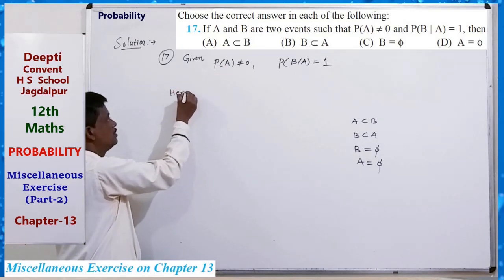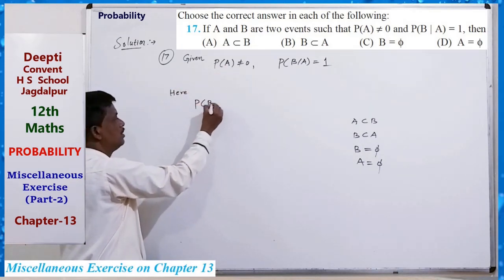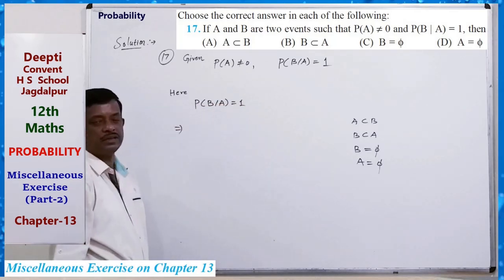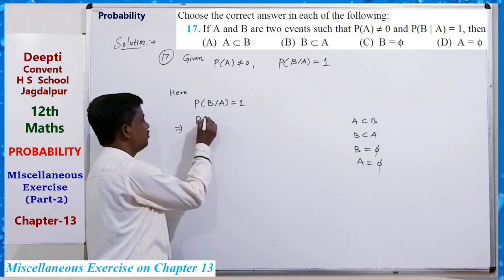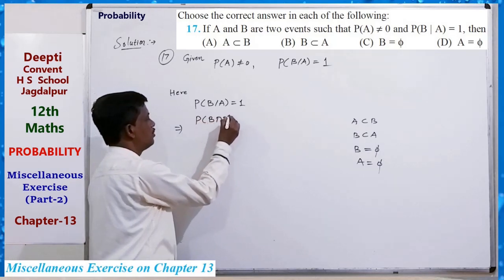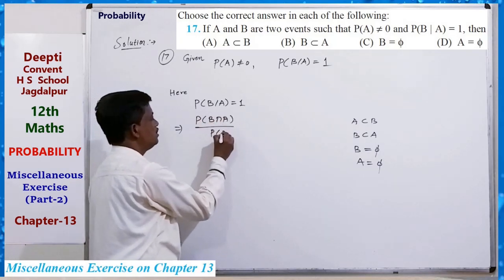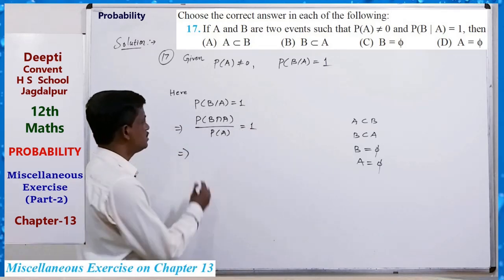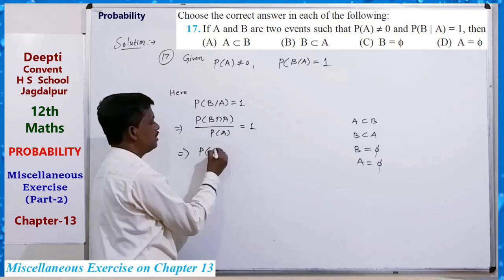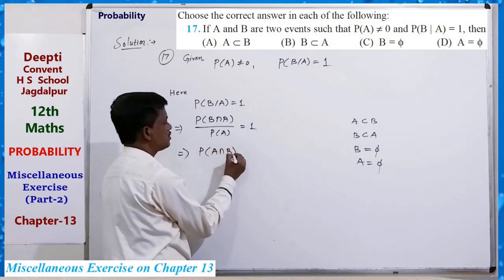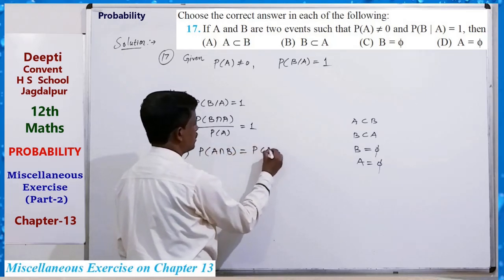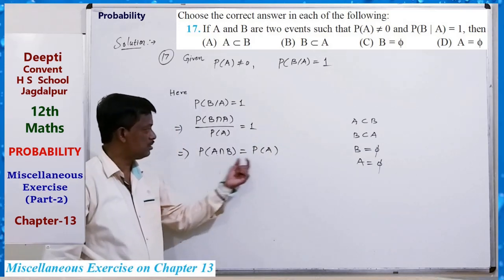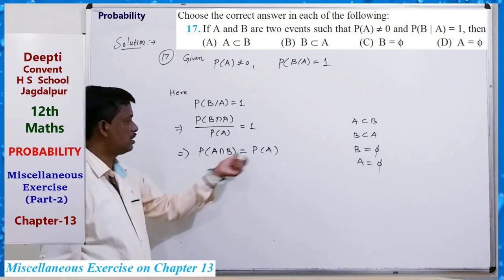Here we see that P(B by A) equals 1. We know the formula: P(B intersection A) upon P(A) equals 1. So P(B by A) can also be written as P(A intersection B) by P(A). We know that if A intersection B equals A, then the probability can be written like this.